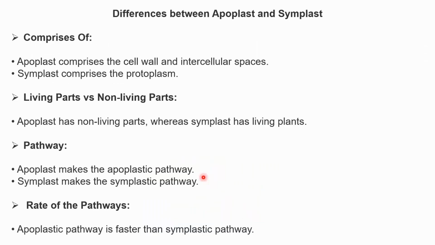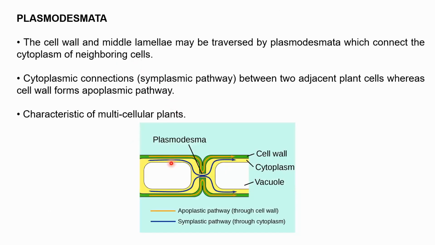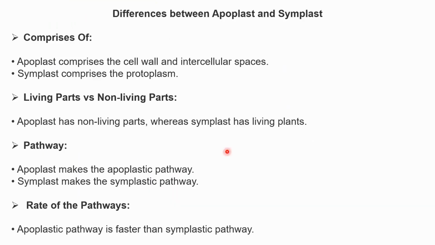There are certain differences between the apoplast and the symplast pathway. For example, the apoplast comprises the cell wall and intercellular spaces, while the symplast comprises the cytoplasm or the protoplasm. The next difference is living versus non-living parts.